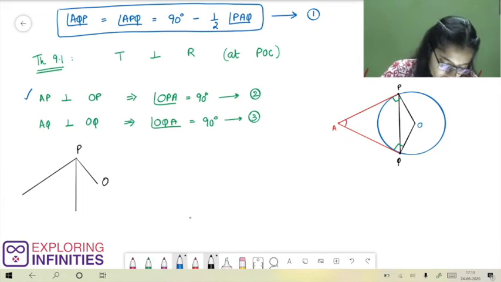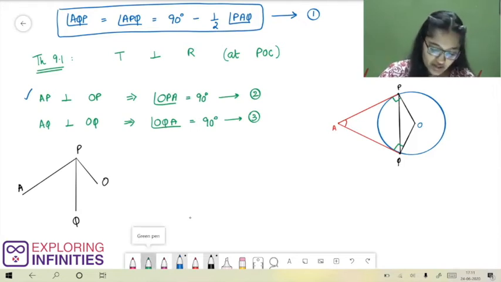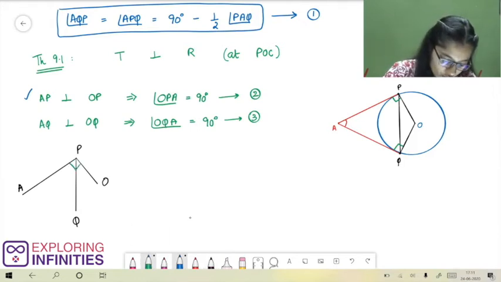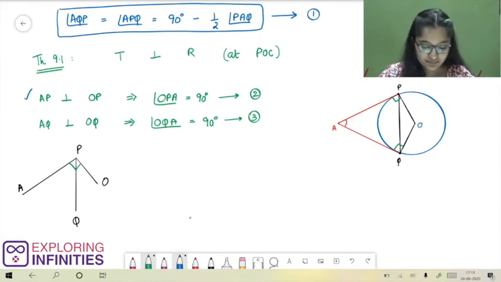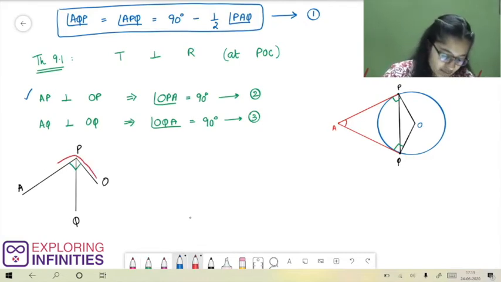Here I have redrawn angle OPA. This point would be Q. Now we saw that angle OPA is equal to 90 degrees. Here we can express angle OPA as the sum of angle OPQ and angle QPA.